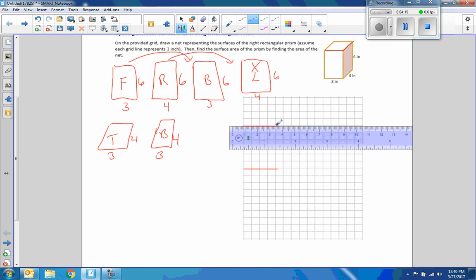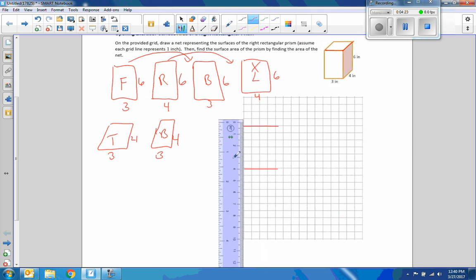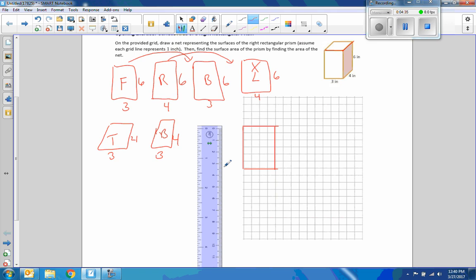1, 2, 3, 4. Rotate it. Okay, so there is my left side, and I'll label it left. I'm going to change colors for the front. So now we're looking at this piece right here, and that's 3 by 6.